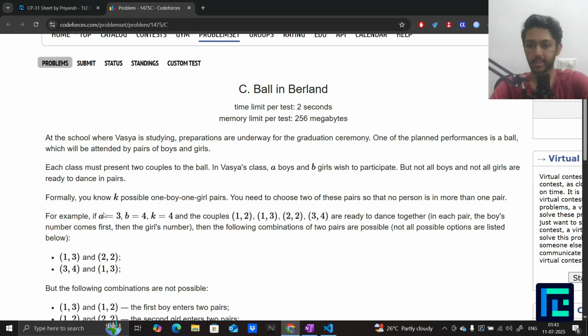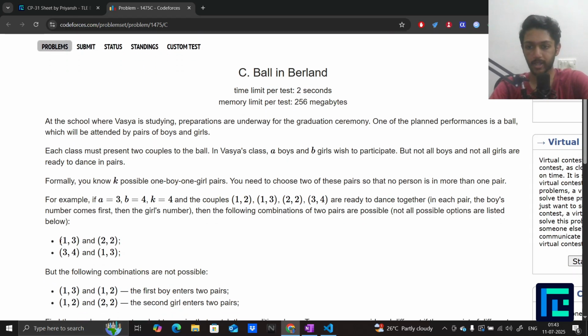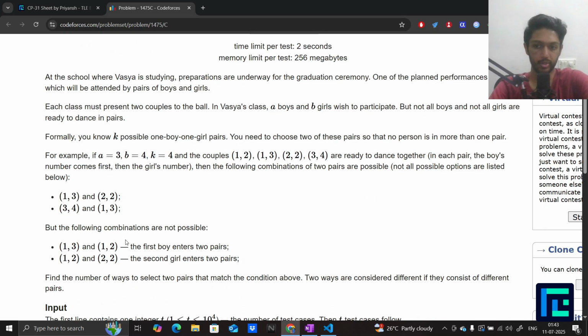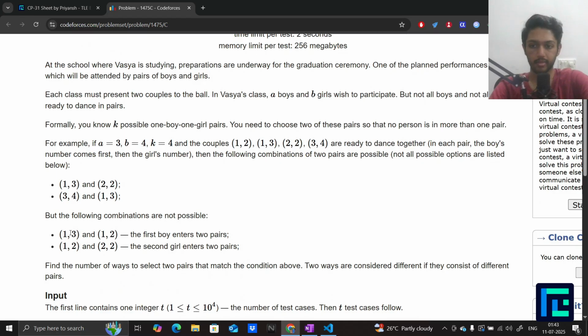For example, if A is 3, B is 4 and K is 4, and these four couples are ready to dance together, then maybe we can choose this couple and this couple, because as you can see, the boy is not common and the girl also is not common in them. Or you can choose 1 3 and 2 2 also. So there are many possible combinations, but these ones are not possible.